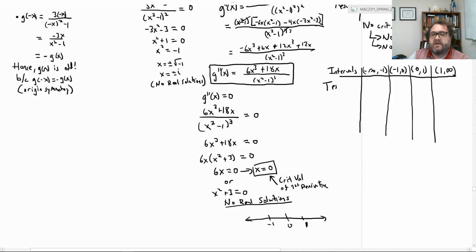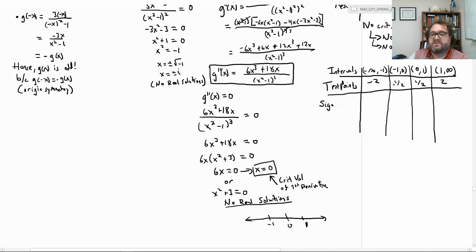Let's pick some test points. So -2 works there. Between -1 and 0, there's not any integers there, but we can do, say, -1/2 and positive 1/2, then positive 2 over there.